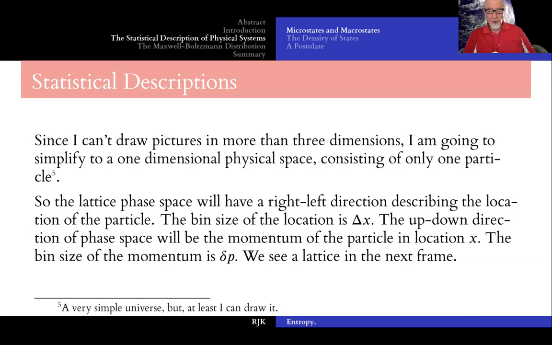And the momentum of the particle, the mass times the velocity, is going to be the vertical direction, and we're going to have a bin size of momentum of delta p. This is a different delta because it's a different quantity.